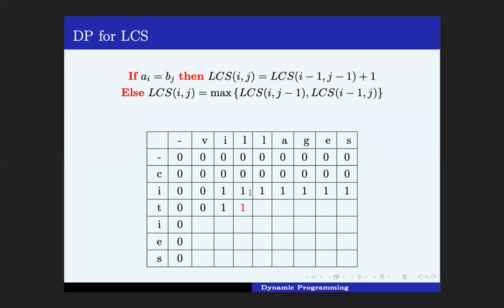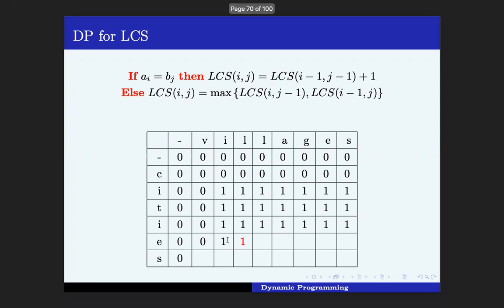All three things, the top, left, and corner ones, are already filled up. So I can just take either a maximum or add one and get it done. And that's what I do.